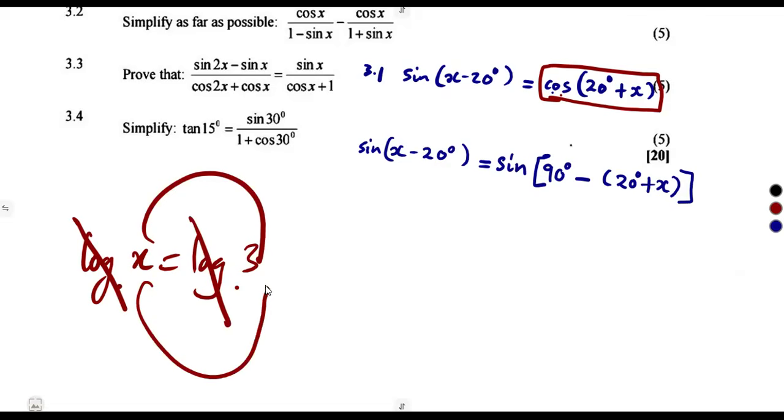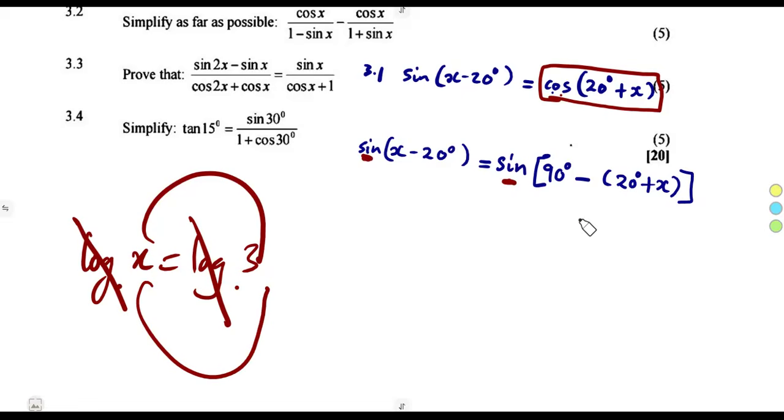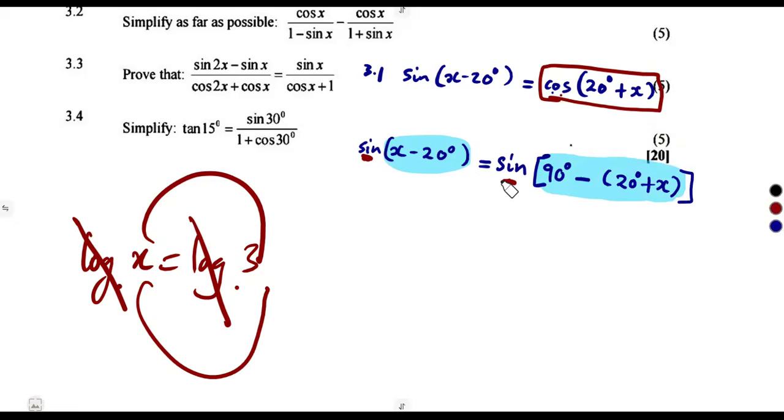If truly this is a sine and truly this is a sine, then what is being affected by those trig functions will be the same. This angle under this trig must be equal to the angle under the same trig on the other side of the equation. These two must be equal, provided both are sine.